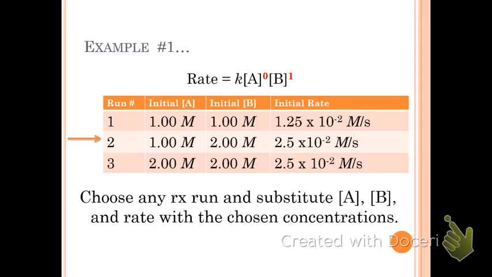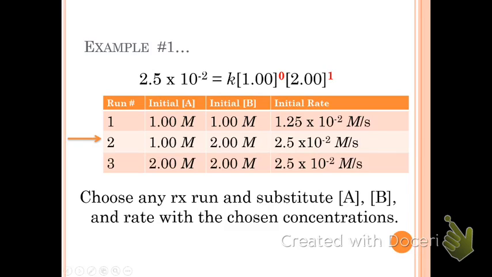We see that our concentration A is 1 molar, our concentration B is 2 molar, and our rate is 2.5 e to the negative 2 molar per second. What we're going to do is substitute this information into our rate law expression.